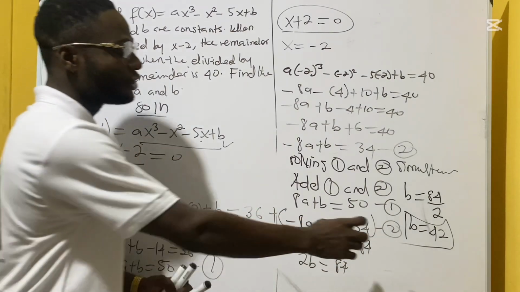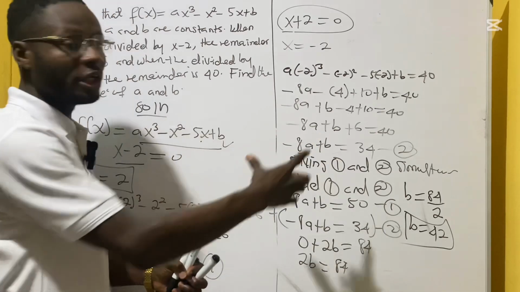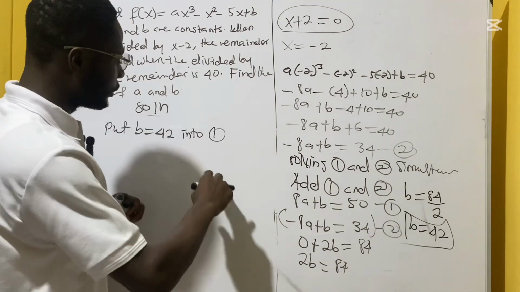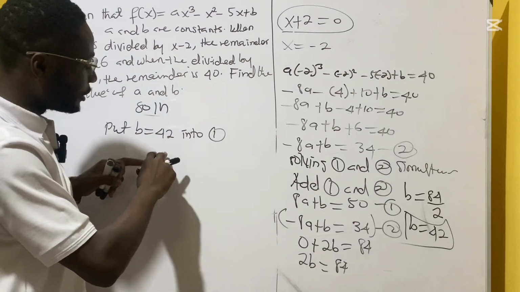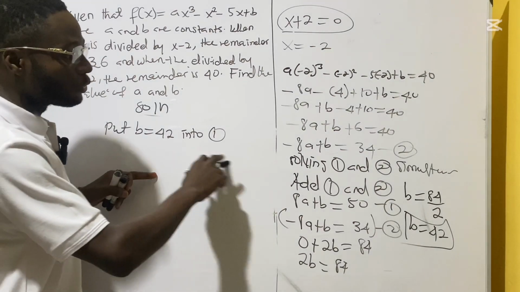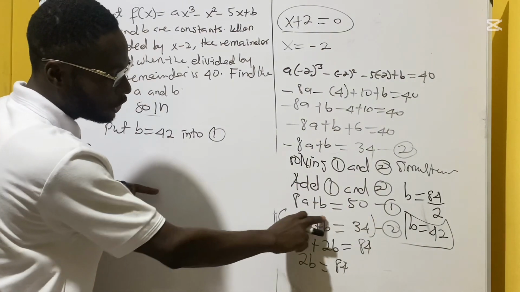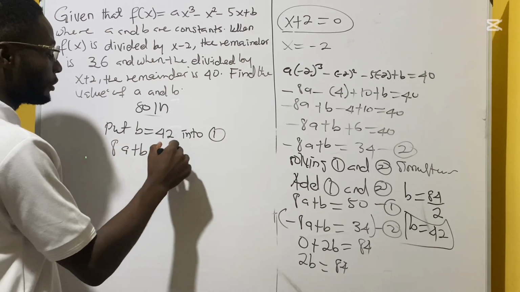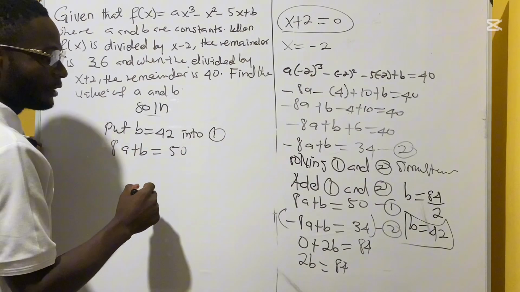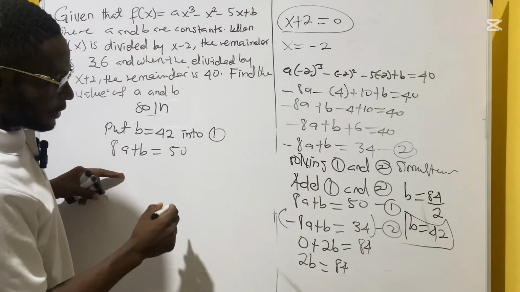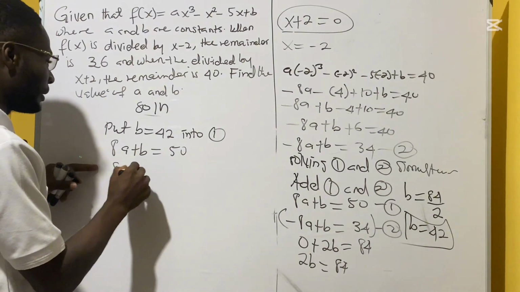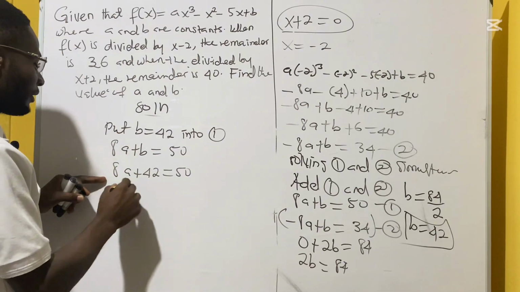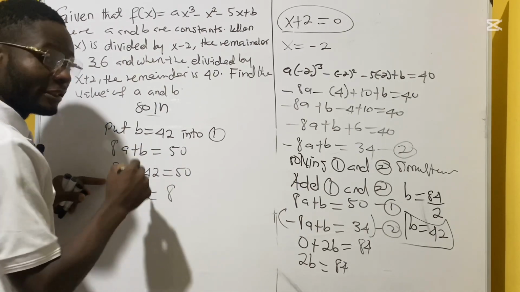Now let's substitute the value of b into any of the equations. We substitute b equals 42 into equation 1, which is 8a plus b equals 50. So we have 8a plus 42 equals 50, so 8a equals 8.